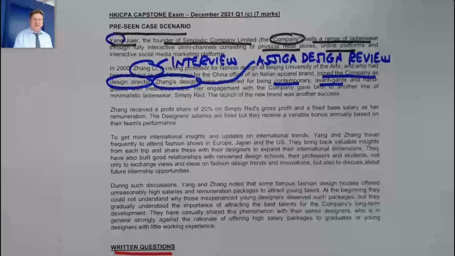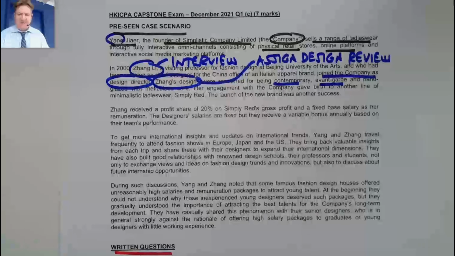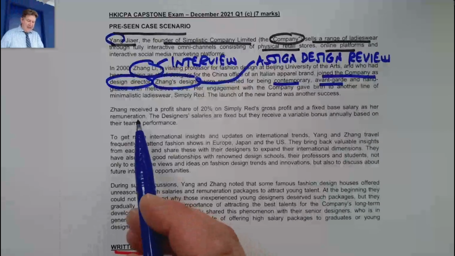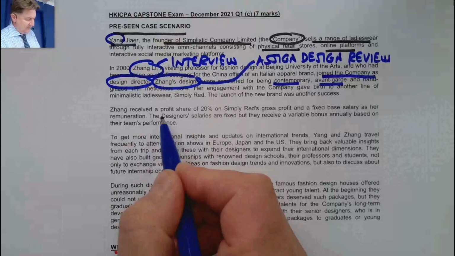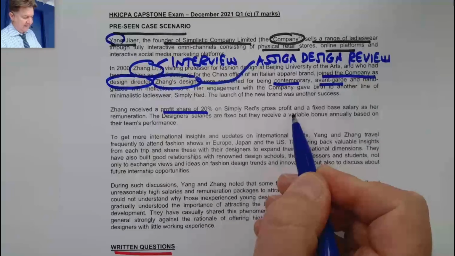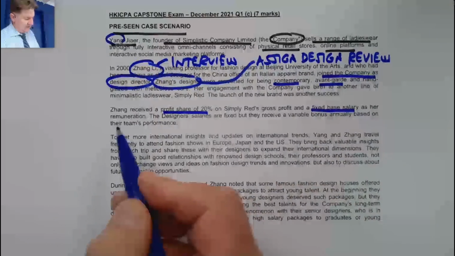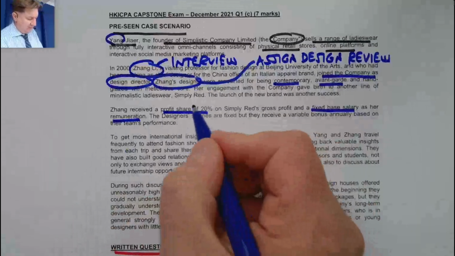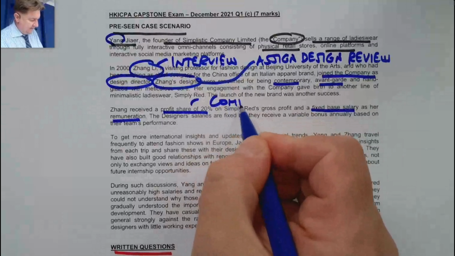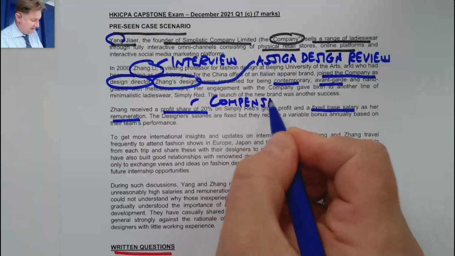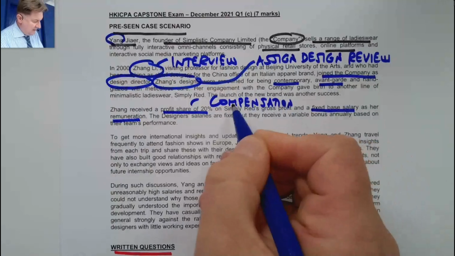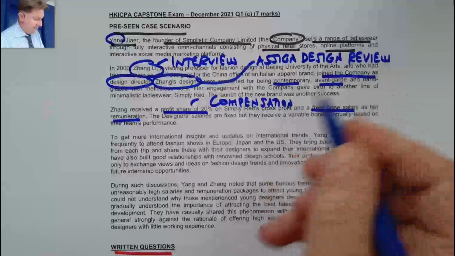So you're trying to apply, as we read the scenario, you're trying to use everything you can to score the marks. Make it applicable. Don't just talk generally about recruitment and selection. We need to be using here specifics. Let's carry on reading. It says Zhang received a profit share of 20% of gross profit and a fixed base salary as remuneration. So they're giving us all of this here because if we are going to attract candidates to this company, we need to start thinking here about the compensation.